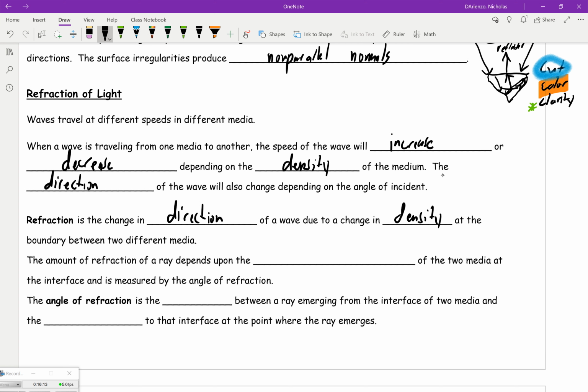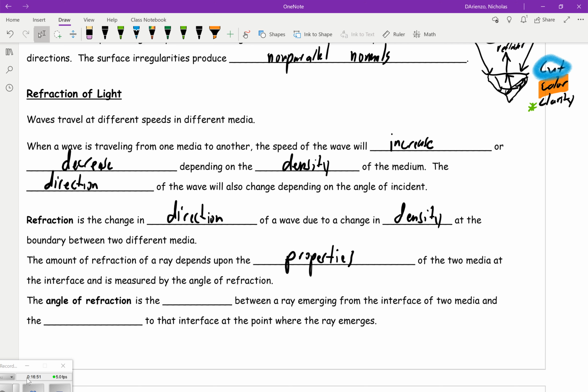The amount of refraction of a ray is going to depend on the properties of the two media at the interface and is measured by the angle of refraction.